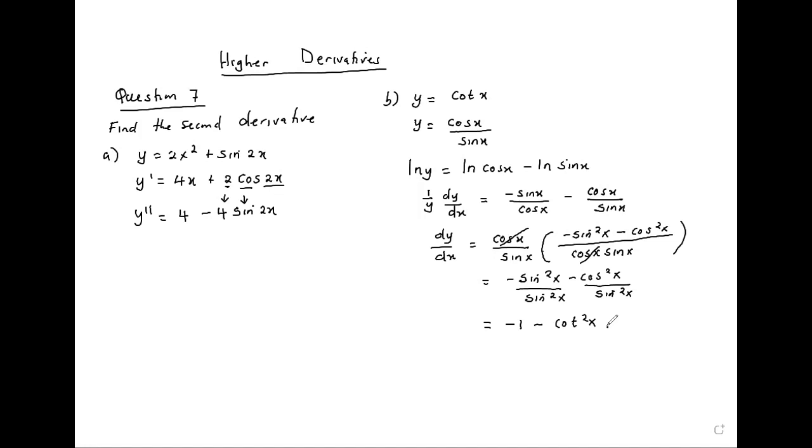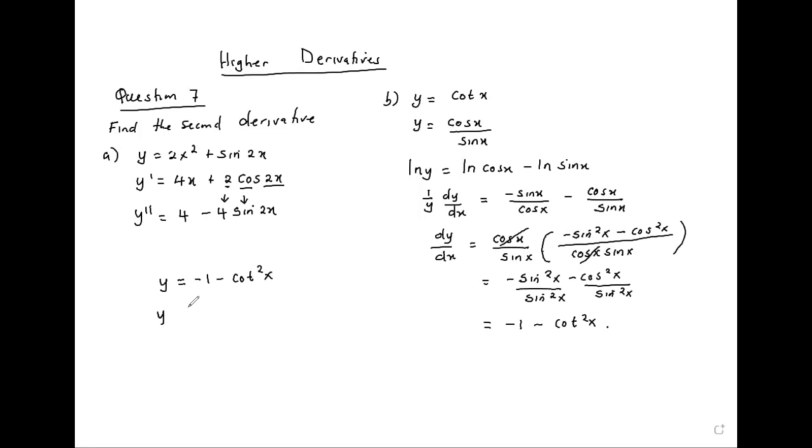Then we differentiate this again. So to find the second derivative, we have y is equal to negative 1 minus cot 2x. Life has become easy now.